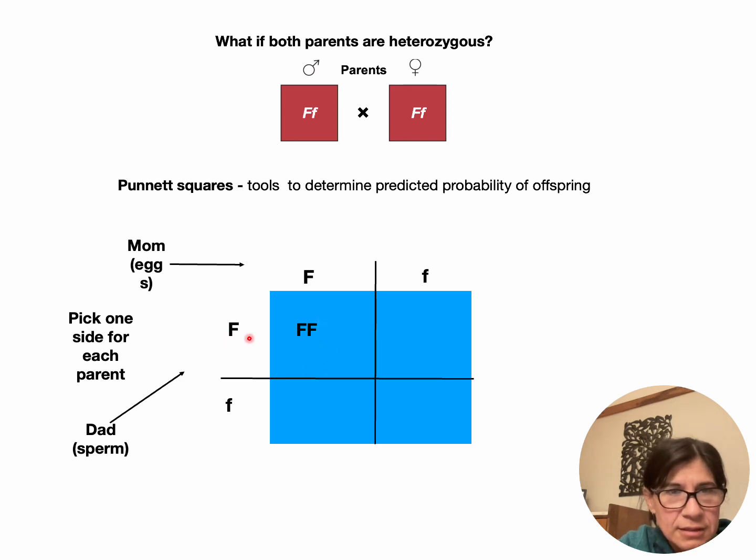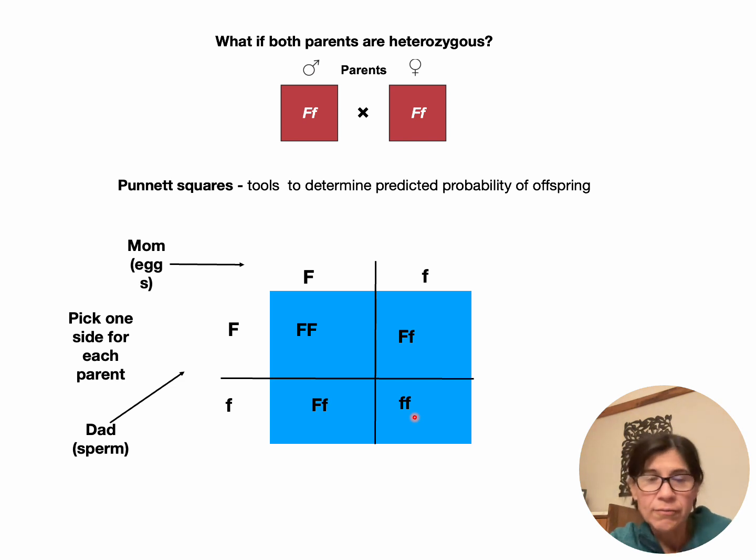So if this sperm with the big F fertilized this egg with the big F, well, obviously the child would have big F, big F. Now, if this sperm fertilized this egg, the child would have big F, little f. Now we go to the bottom. If this sperm fertilized this egg, the child would be heterozygous as well, big F, little f. Now, if this sperm fertilized this egg, it would be little f, little f.